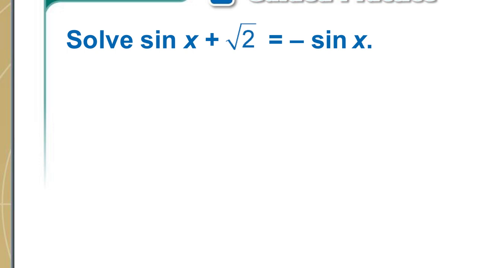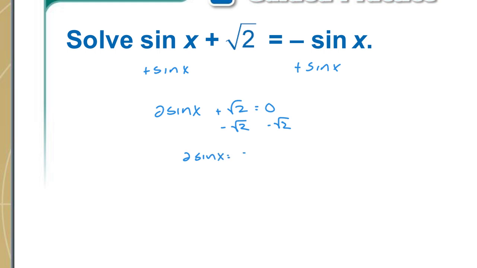Well, we're going to get plus sine of x plus sine of x, and then we get 2 sine of x plus root 2 equals 0. Then we're going to subtract root 2 from each side, and we get 2 sine of x equals negative root 2. Then we're going to divide each side by 2, and we get sine of x equals negative root 2 over 2.